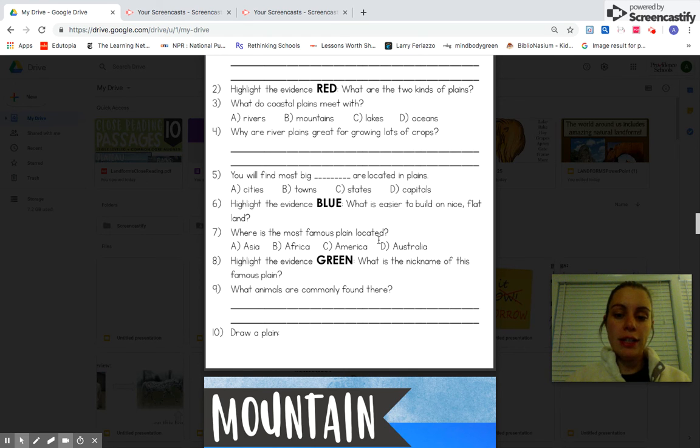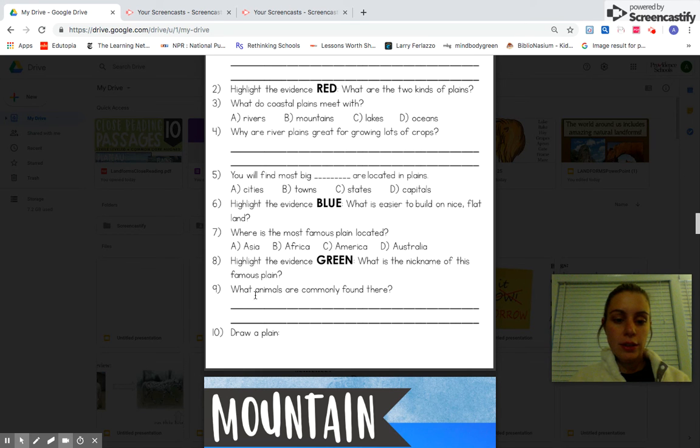What is the nickname of this famous plain? So there's a famous plain we talked about in the text. I want you to go back and highlight or underline what is the nickname of this famous plain. Like, for example, Miss Nark's nickname is Angie. Okay, so what is the nickname of the famous plain we talked about? Pause and highlight in your text.